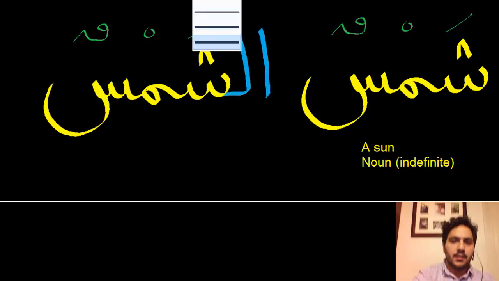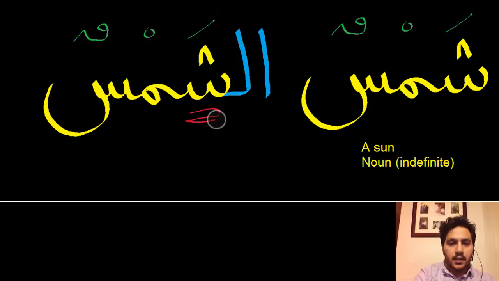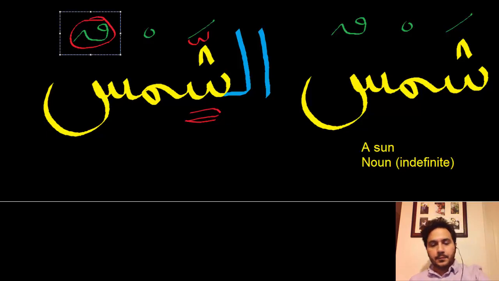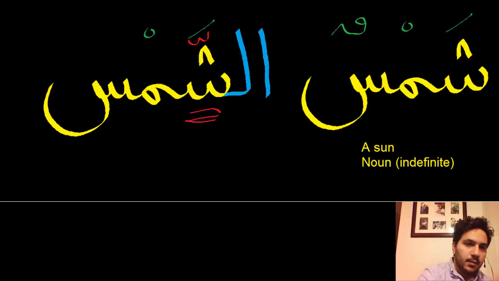And now we have to ask ourselves, is the first letter of our word a moon letter or a sun letter? Well, a sheen is a sun letter, therefore I put a shadda on that letter. And the last thing I have to do is eliminate the tanween. Let's eliminate the tanween. And we're left with just a dhamma.